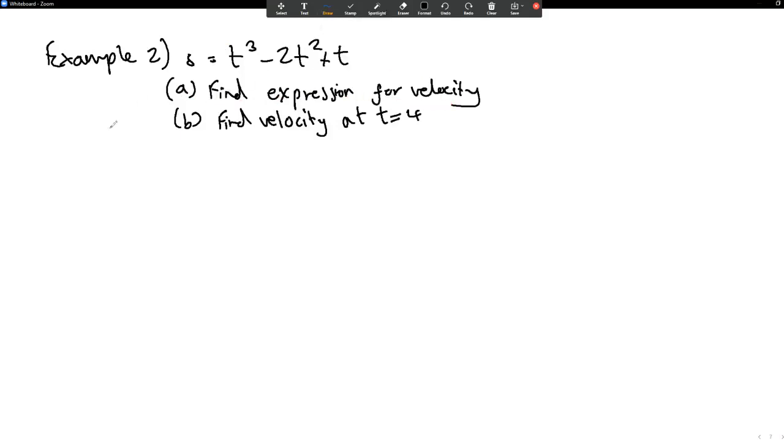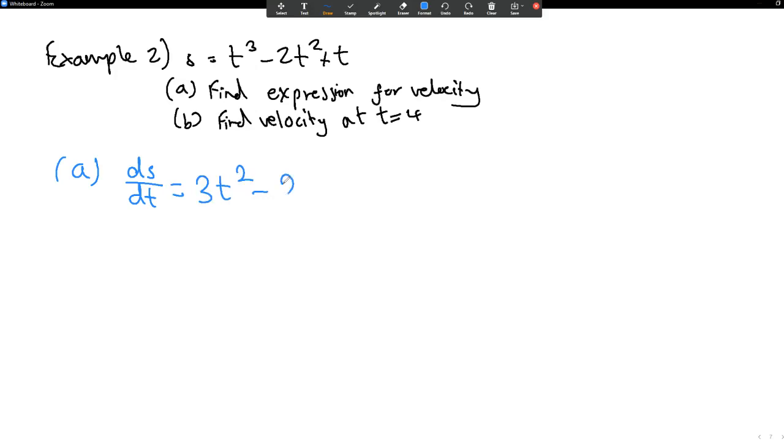So let's do that. Remember, we don't have the velocity here, but we can find it by differentiating. Because velocity is the rate of change of displacement, if we differentiate displacement we'll get velocity. So let's find ds over dt. We bring the power down, so we get 3t, and then we take 1 off the power, so we get 3t squared.